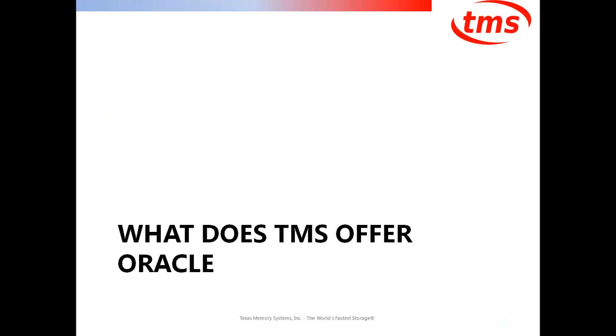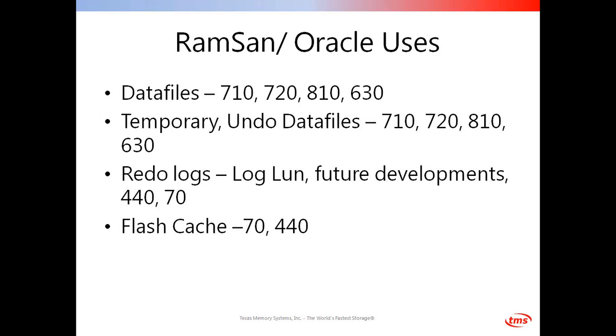So what does TMS offer Oracle? What type of hammers do we offer? Well, we've got the 710, again the 720, the 810, the 820, and the 630.